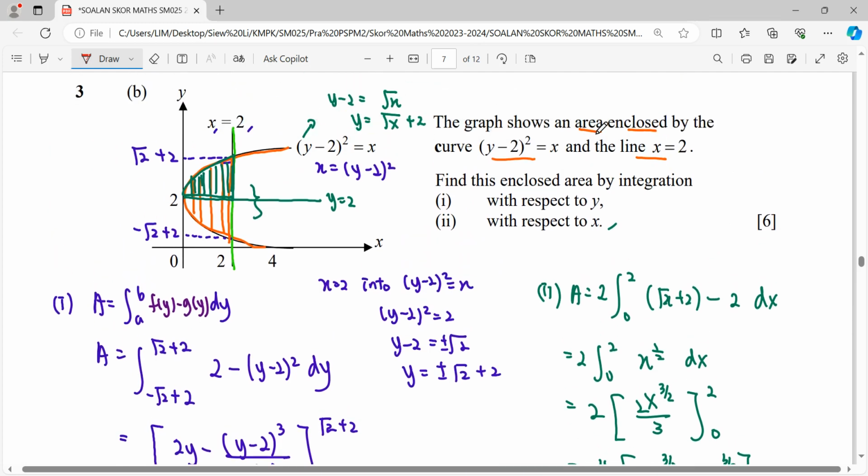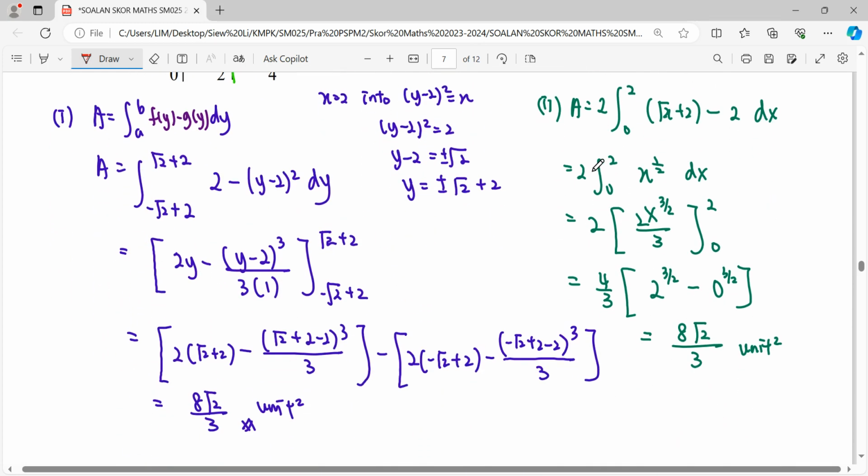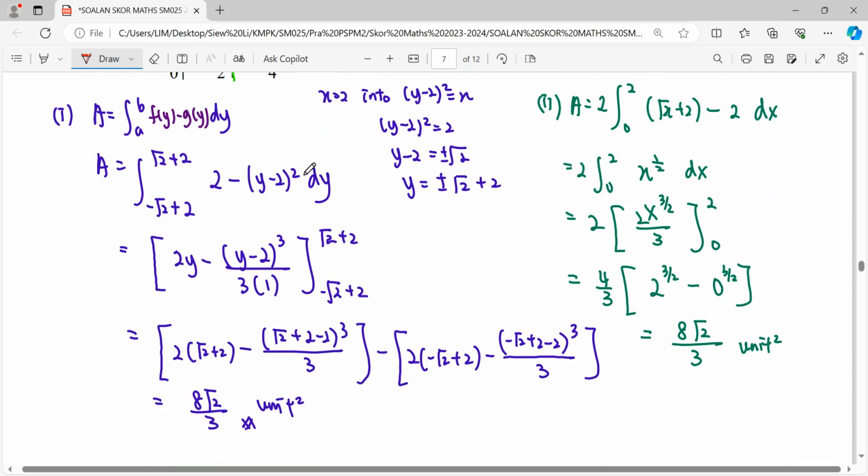Then we see what is important here for this question. The first step in doing area is to form the formula of the area. By forming the formula of the area, we have to see your integration with respect to dy, then the function, lower limit, upper limit.